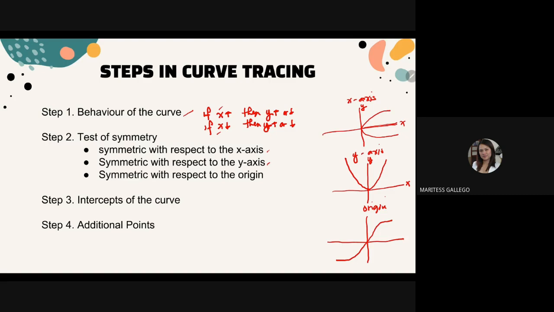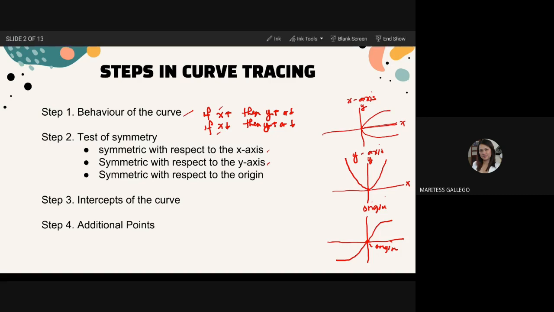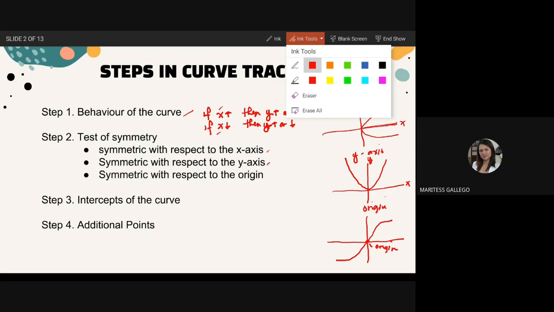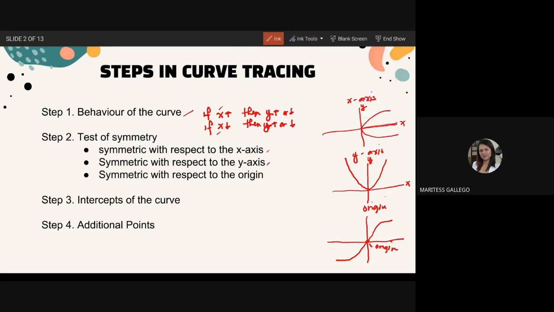Those are examples of how to know if a graph is symmetric with respect to the x-axis, y-axis, and origin, which is (0, 0). Those are what we will test.